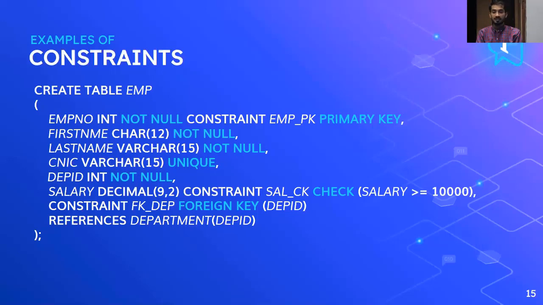Department ID is NOT NULL, so it cannot be null. For the salary decimal, CONSTRAINT CHECK salary above 10,000, so you cannot insert a value below 10,000. And the last one is a foreign key, which is department ID. In both tables, the department and the student have a dep ID that relates them to each other.